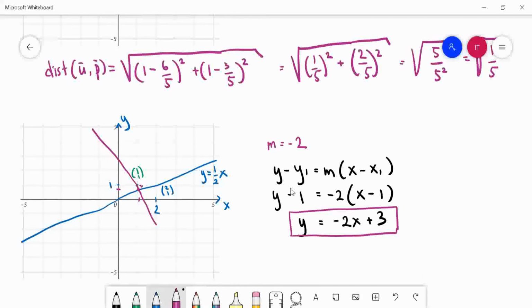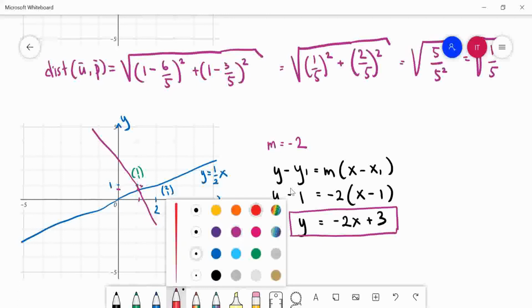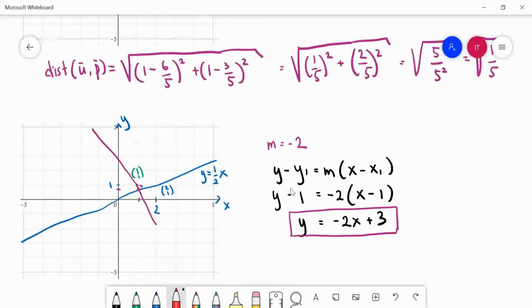From this line, we want to know where the intersection is between the blue line and the magenta line. Here I call the intersection (xP, yP).